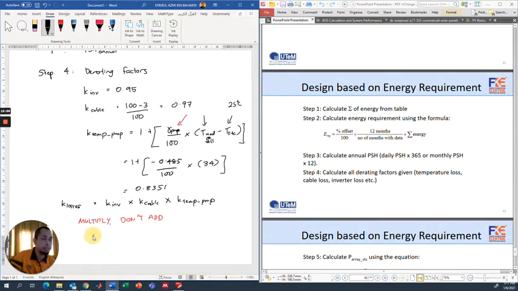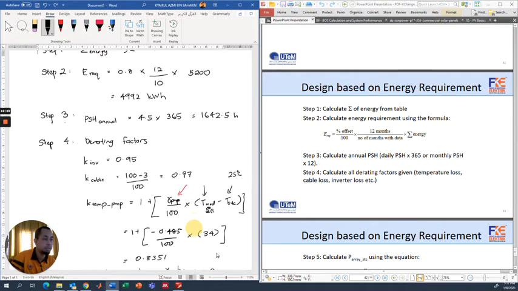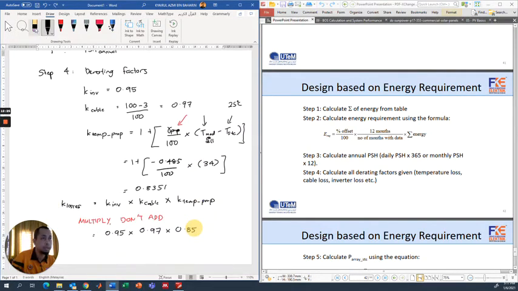So we have inverter is 0.95, cable is 0.97, and temperature effect is 0.8351.